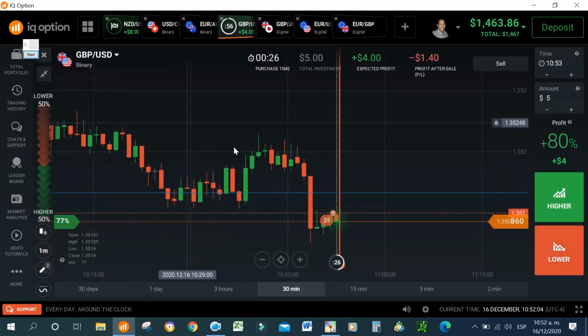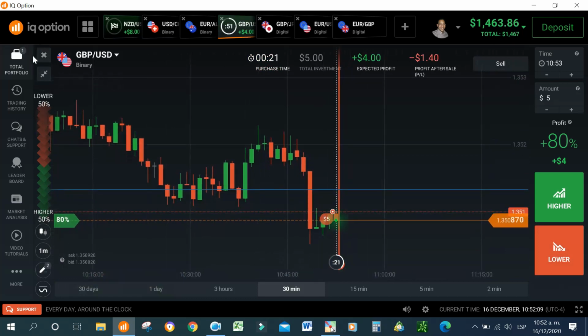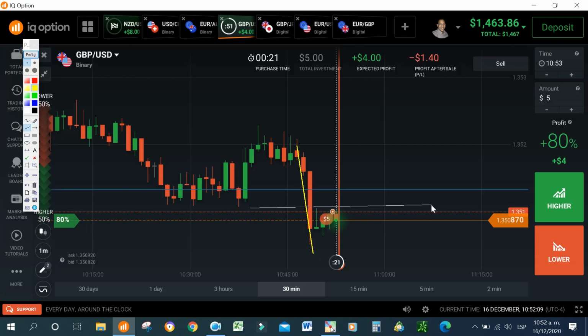I'm making this entry at this level of price because I think it's an optimal price. This is an optimal price because after every breakdown there is a pullback, and if we wait for the pullback at least to the middle of this candlestick, we have more chances to win.